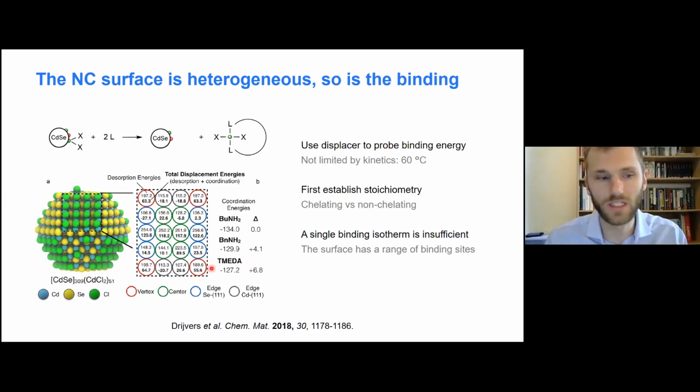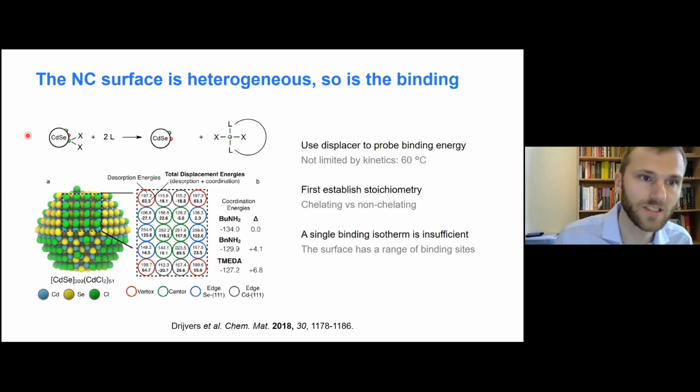So this clearly illustrates the heterogeneity of the nanocrystal surface in terms of binding affinities. So there is not one single binding affinity. So it's very deceiving when you write something like this, where we represent all possible, and there's hundreds of binding sites on this Quetzalite nanocrystal, but we represent it with this single one. And we present this reaction as if it is governed by a single equilibrium constant, which it is clearly not.